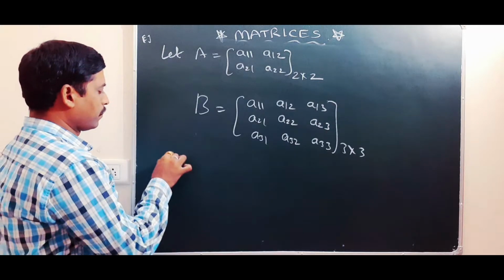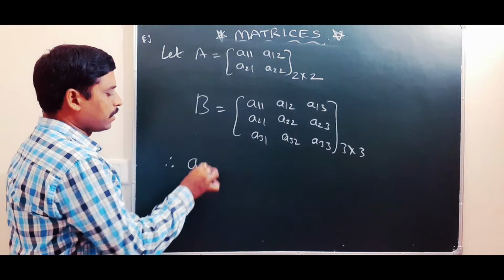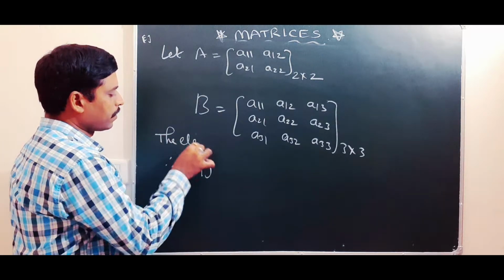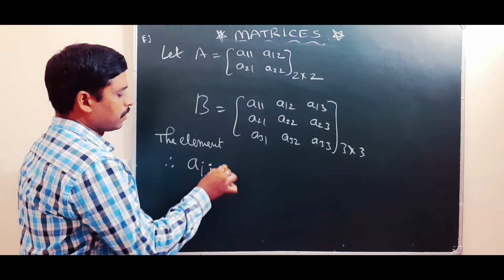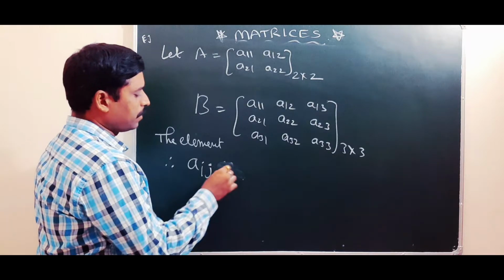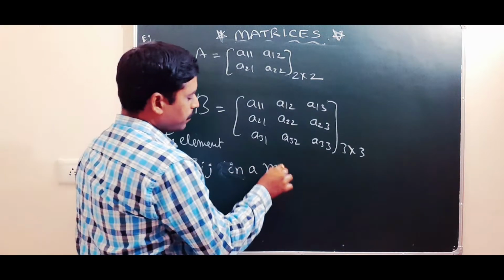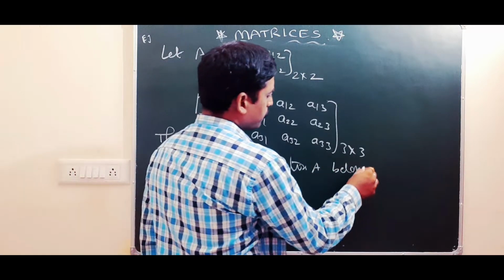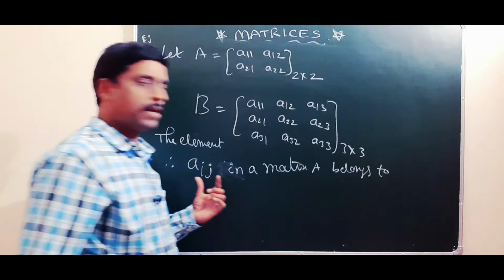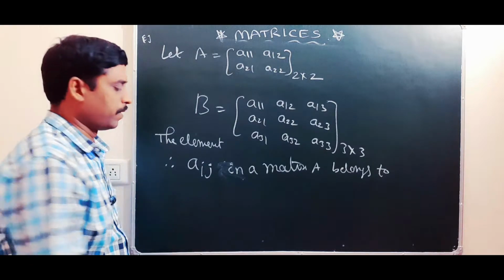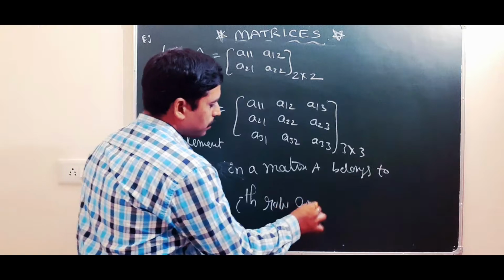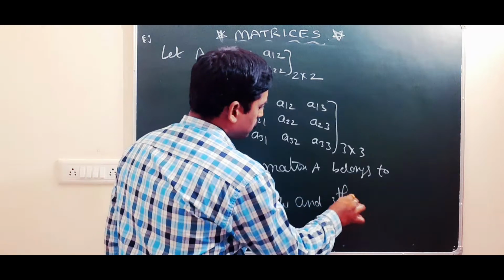Therefore, the element Aij in a matrix A. So what does Aij mean? The ith row, jth column element.